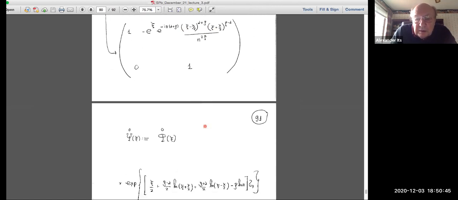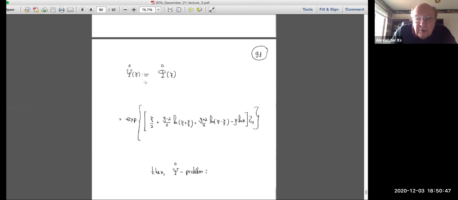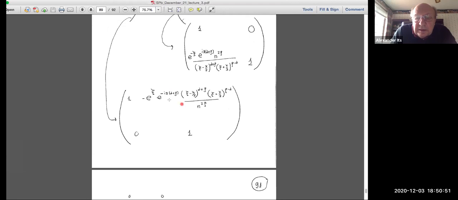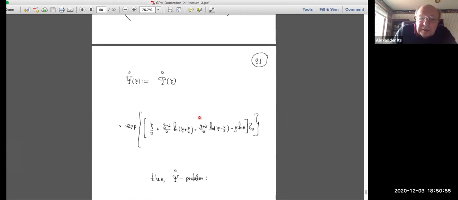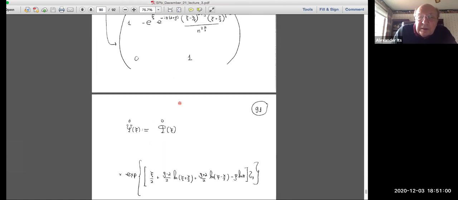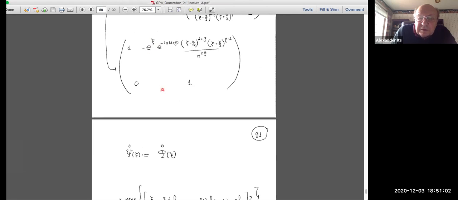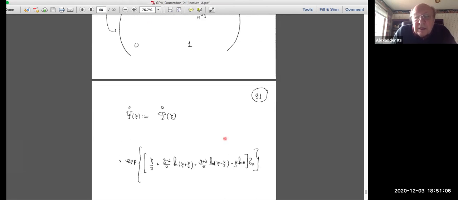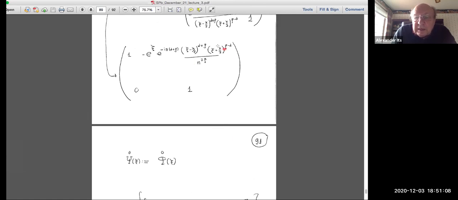Okay. So now we are going to psi naught. I just undress these matrices with all those factors. I take phi naught and multiply by this exponent. It would take care of this exponential, and these two power functions would take away those products.